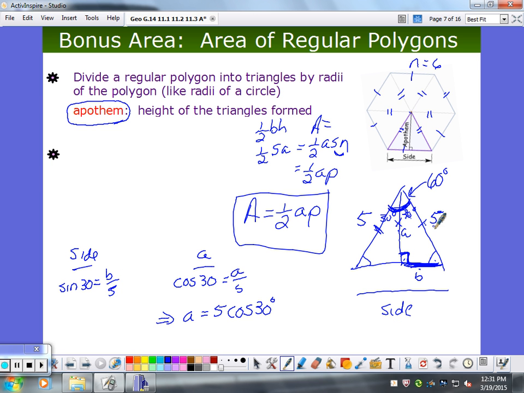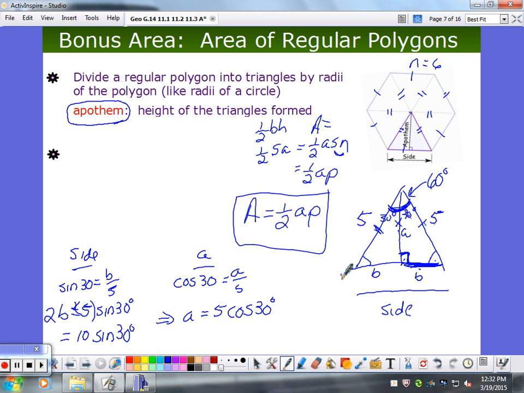Opposite over hypotenuse, which means this little piece here that I'm calling b is 5 sine of 30. Here's my b so far. Now these are congruent triangles. So I really need two of these. So it's really 10 sine 30 is one of the sides, isn't it?